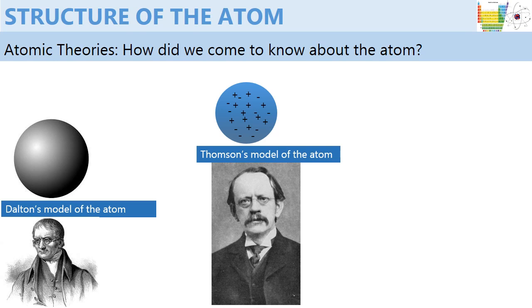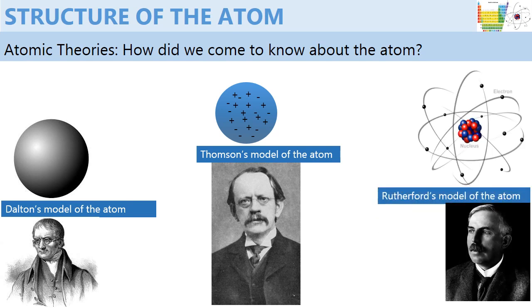Further research in 1911 by a scientist known as Rutherford came up with another model of the atom that was even more detailed than the previous models. Rutherford suggested that an atom contains a center known as the nucleus, which consists of protons and neutrons.